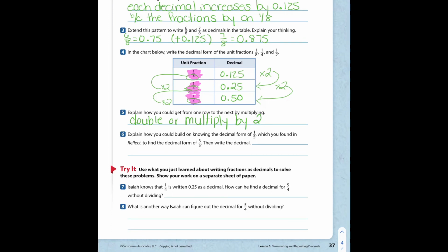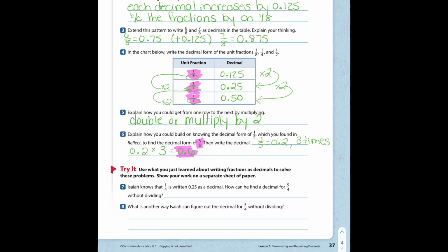So the decimal form of 1/5, remember, was 0.2. If we're going from 1/5 to 3/5, that's 3 times. So we can say 0.2 times 3, which is going to give us 0.6, which would be the decimal form of 3/5.